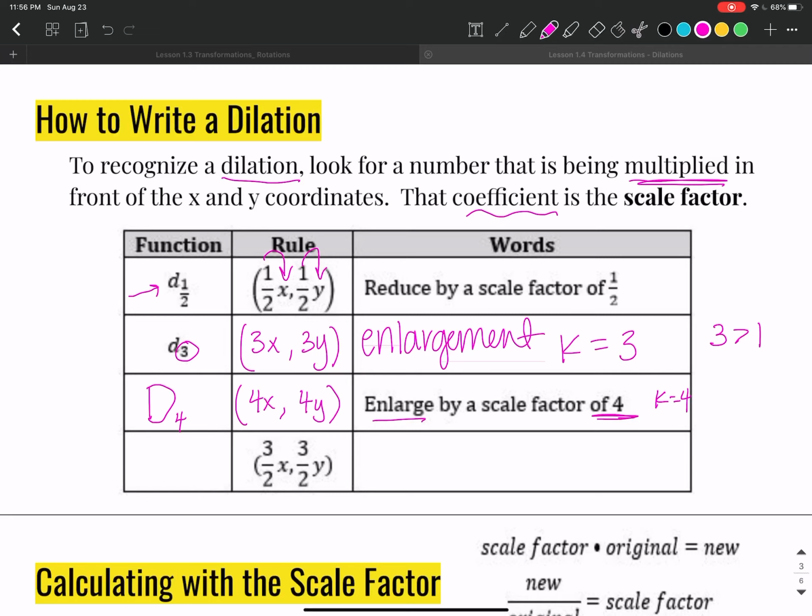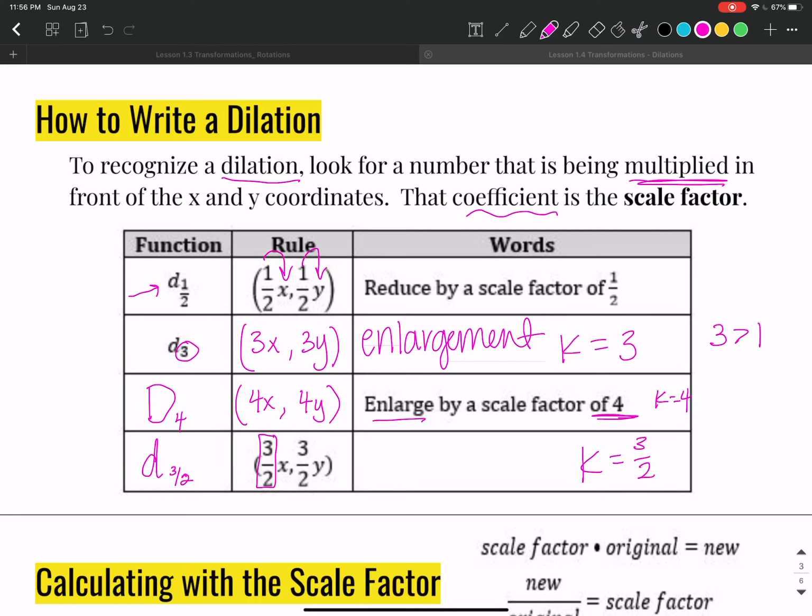All right, so let's look at this rule. I've got 3 over 2. Okay, so I know D; I'll make this one lowercase. 3 over 2 is my scale factor. So we know K over here is 3 over 2. But careful, even though it's a fraction, because remember we could have K being smaller than 1 or K being larger than 1, just because it's a fraction doesn't mean it's smaller than 1. It's 3 over 2.